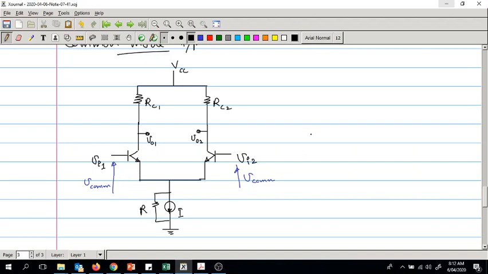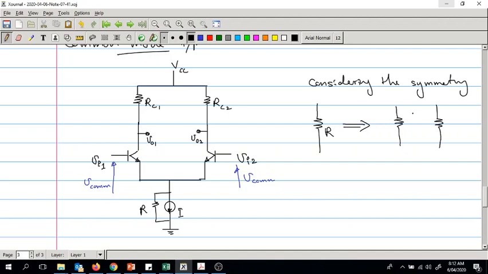So considering the symmetry, we can split this single resistor into two equivalent resistors, or two weighted resistors, on either side.